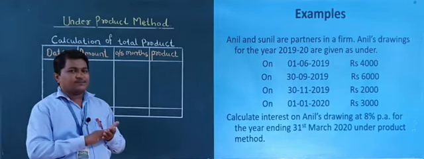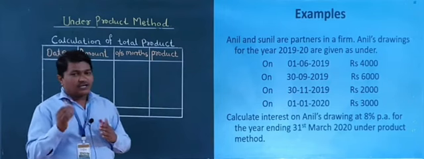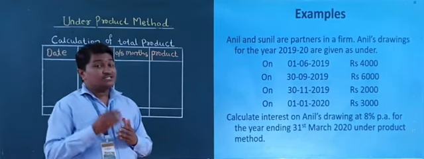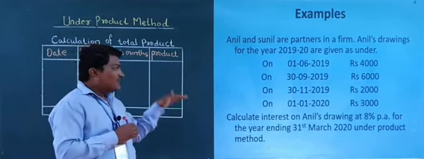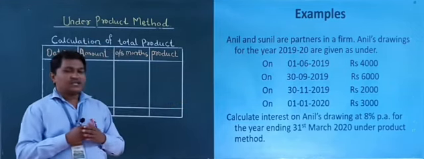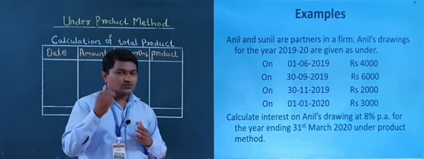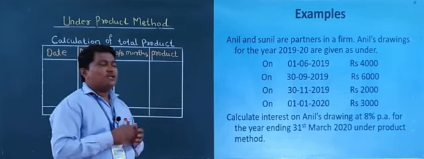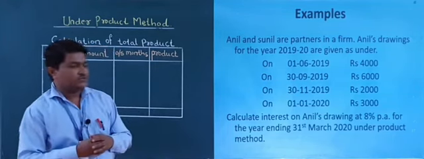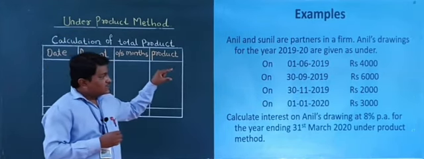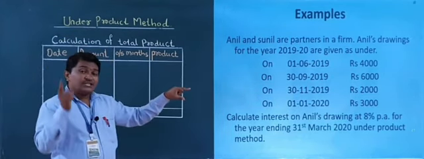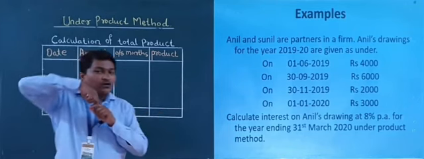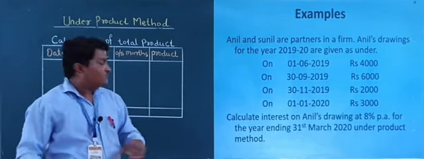On 30th September 2019, he withdrew 6,000. On 30th November 2019, he withdrew rupees 2,000. And on 1st January 2020, he withdrew rupees 3,000. These are the drawing amounts he withdrew on different dates.